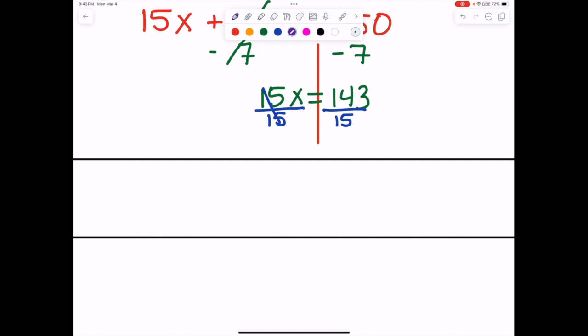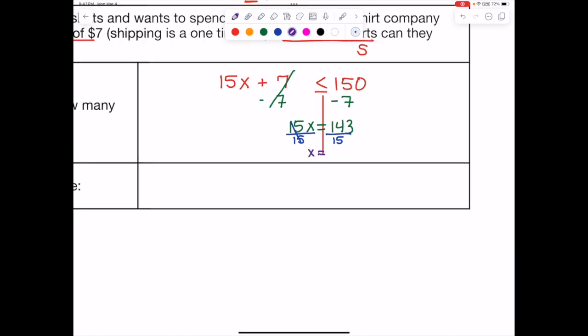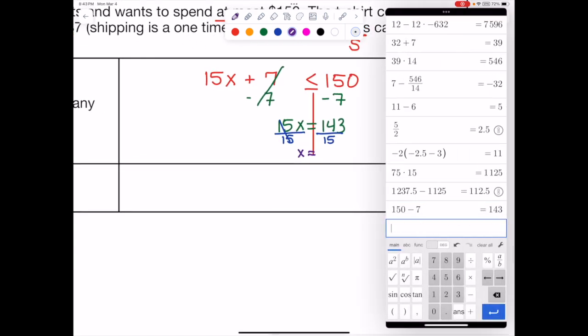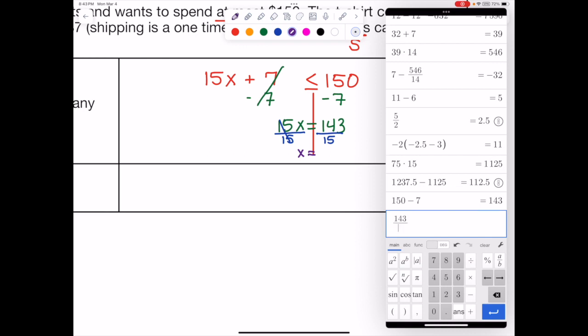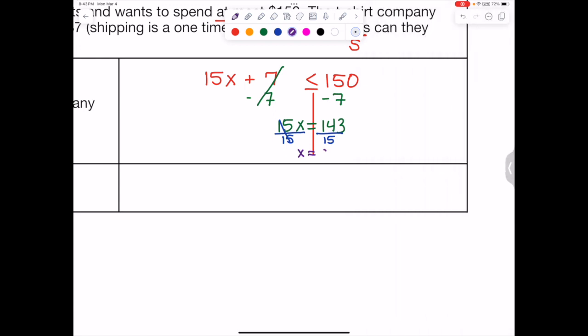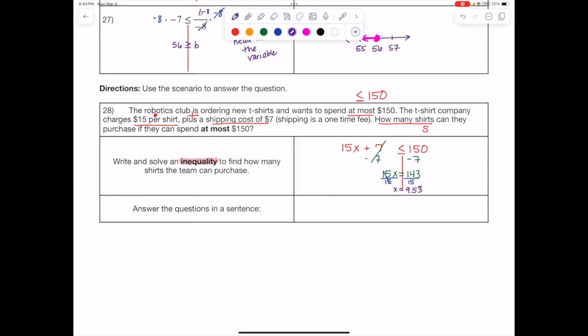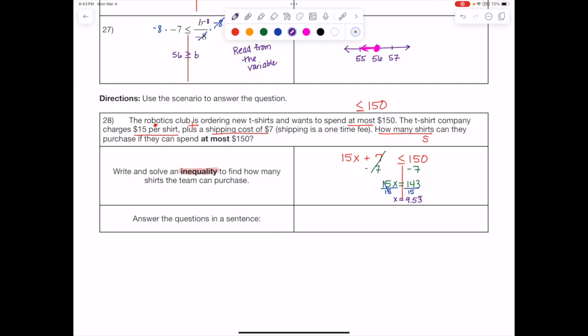Cross that out, and we're left with x equals whatever this is. So 143 divided by 15, and we get 9.53 repeating. Let's just write what it says with the 3 repeating. This says solve the inequality to find out how many shirts the team can purchase.